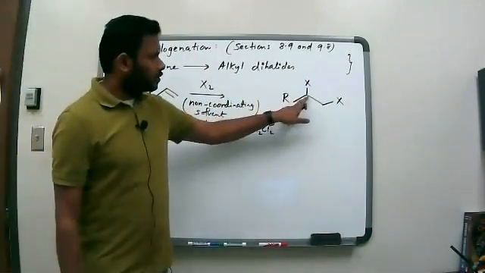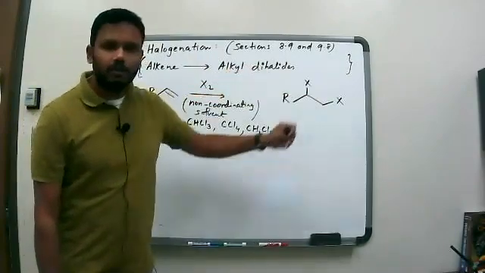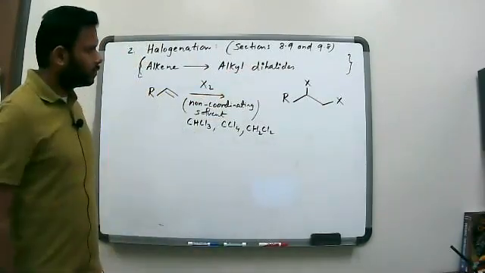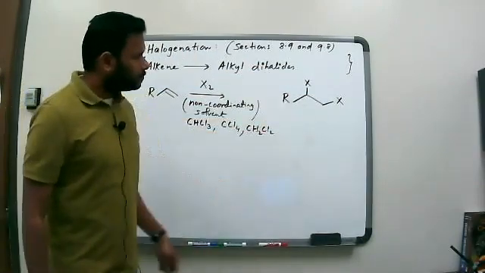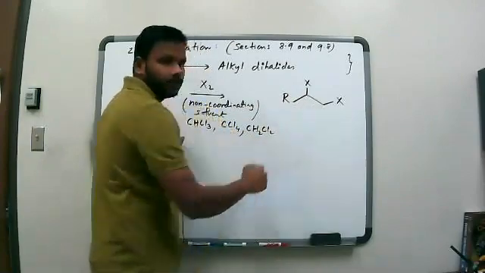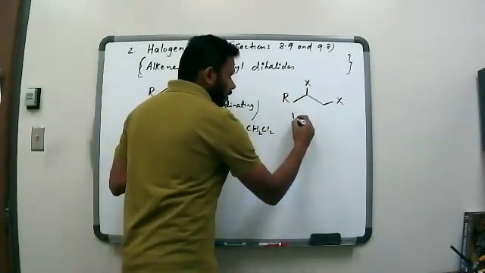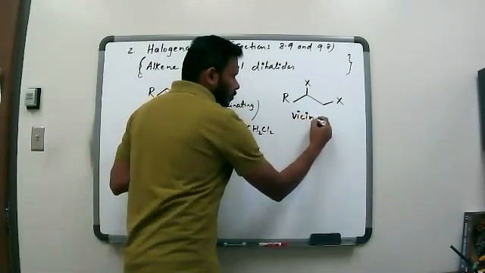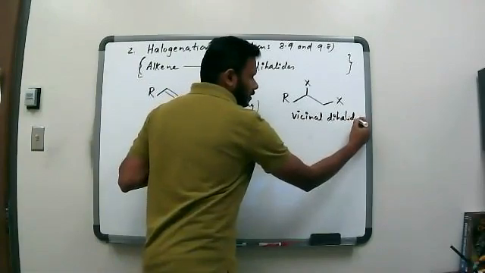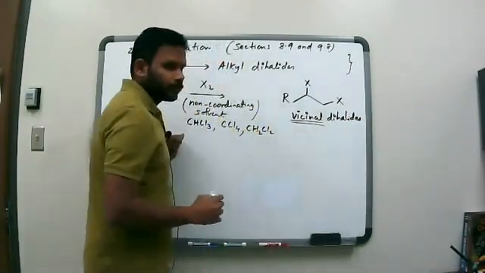Okay, so the pi bond breaks and the X2 breaks and it basically adds, although that's not what the mechanism is like, but that's how you would view it. Okay, so this sort of substitution pattern, these are called vicinal dihalides. Okay, so vicinal is the term.